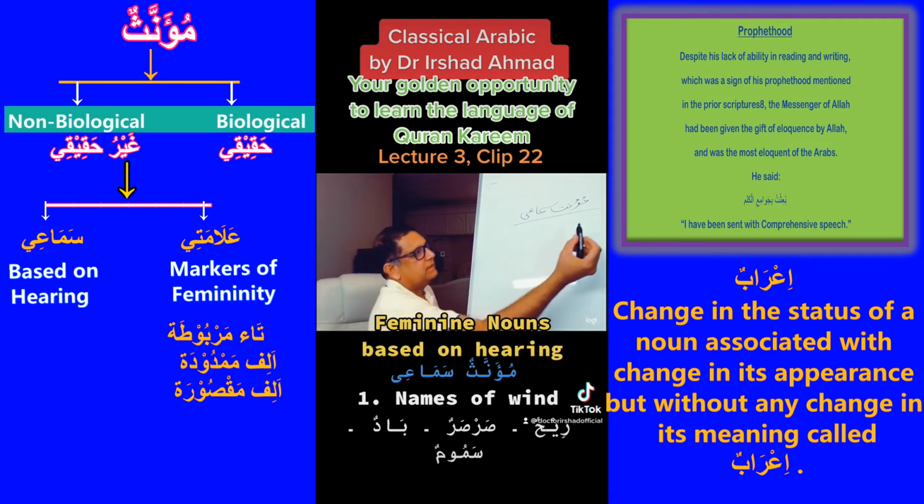For example, they have said names given to different kinds of winds, wind or air. So they are all considered to be feminine. For example, rihun. Let's write with another color.